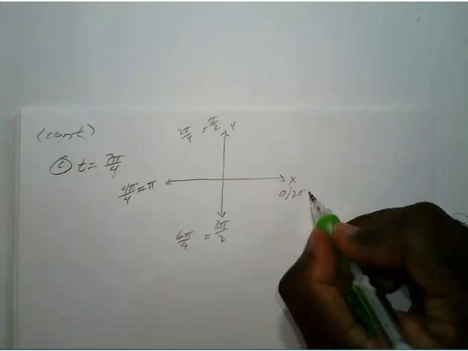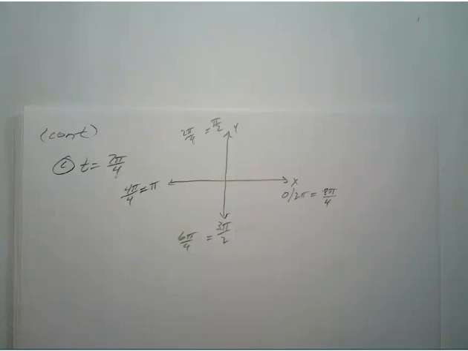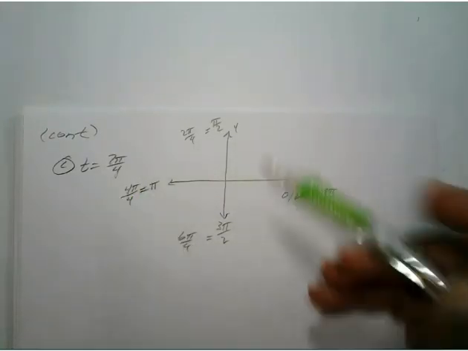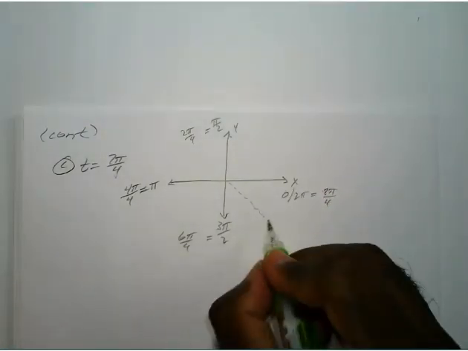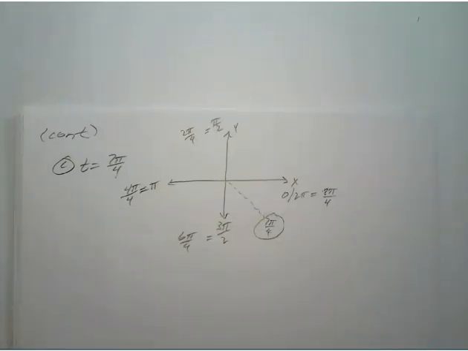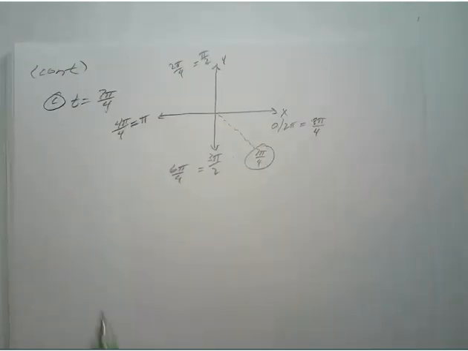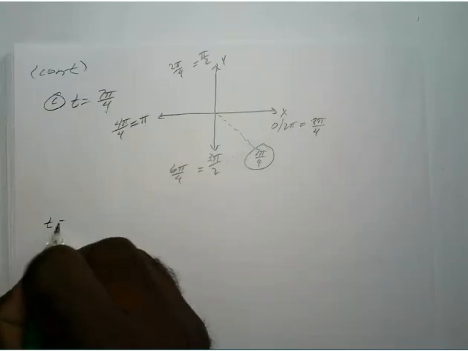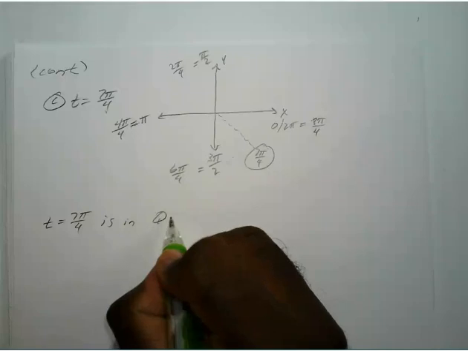If we go with full circle, 2 pi is 8 pi over 4. So we can see that 7 pi over 4 would be between 6 pi over 4 and 8 pi over 4. So it would be somewhere in here. Okay, so we see there it's in quadrant 4. So t equals 7 pi over 4 is in quadrant 4.